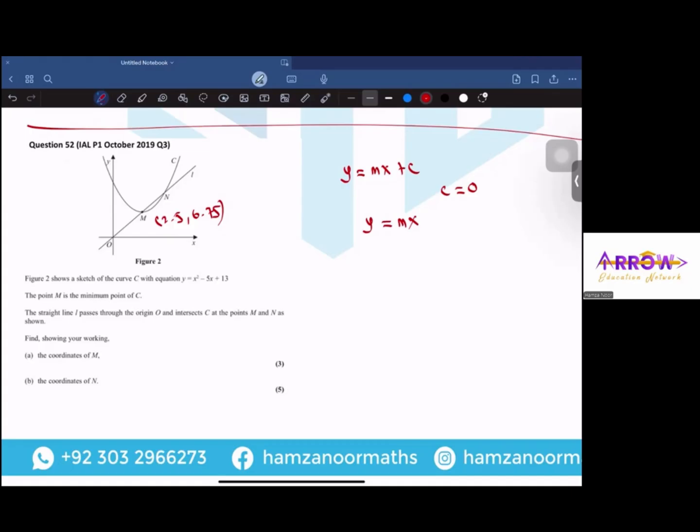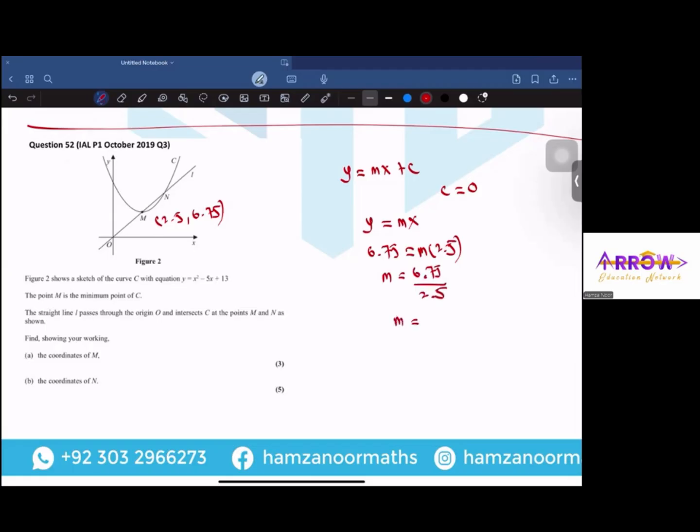Meaning I can substitute this point M into the equation of the line L. So this will be 6.75 equals m multiplied by 2.5. Therefore the gradient of the line is 6.75 divided by 2.5.